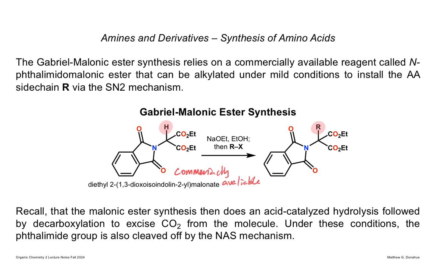And what you would do is, since that's an acidic proton, the pKa is about 10, you would deprotonate that and then incorporate your side chain R using an electrophile under SN2 conditions.